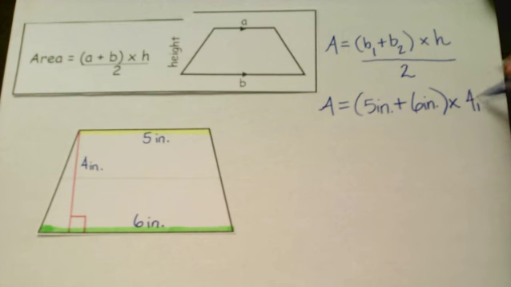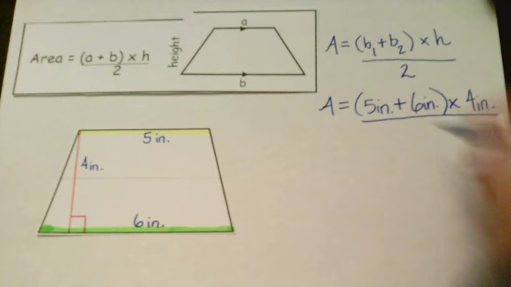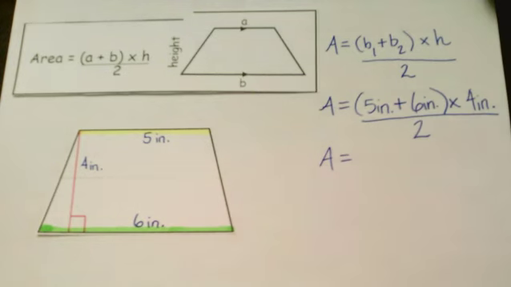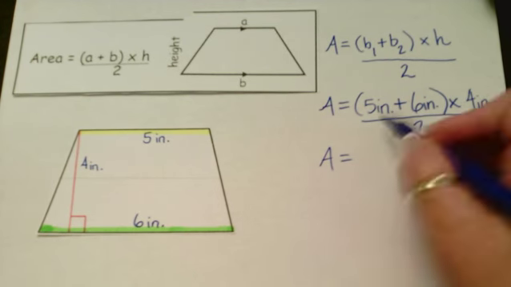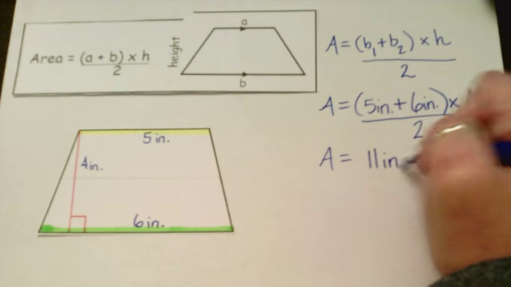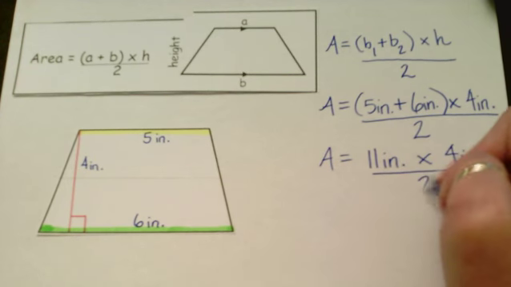So this shape is 4 inches tall, and all of that divided by 2 to find the area. So we're going to use our PEMDAS rules and take care of what's in parentheses first. 5 inches plus the 6 inches is 11 inches times the 4 inches for the height, and all of that divided by 2.